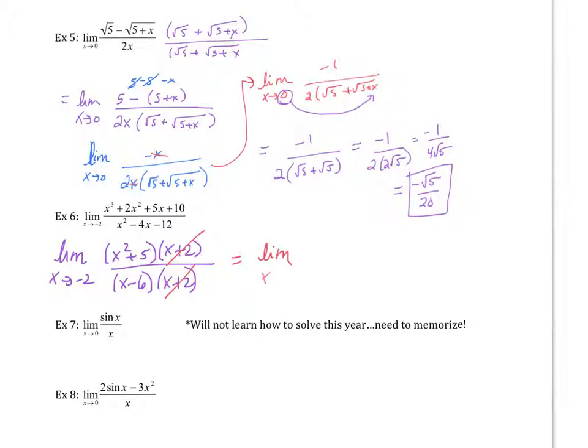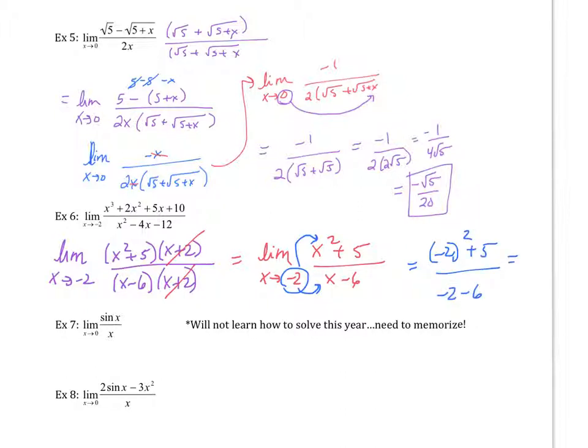Again, our entire goal throughout this whole process is, if I am not able to directly evaluate the limit, what can I do to change the problem so that I can directly plug in that x value? Now that I can, we plug that in and simplify to evaluate our limit. 4 plus 5 is 9 over negative 8.